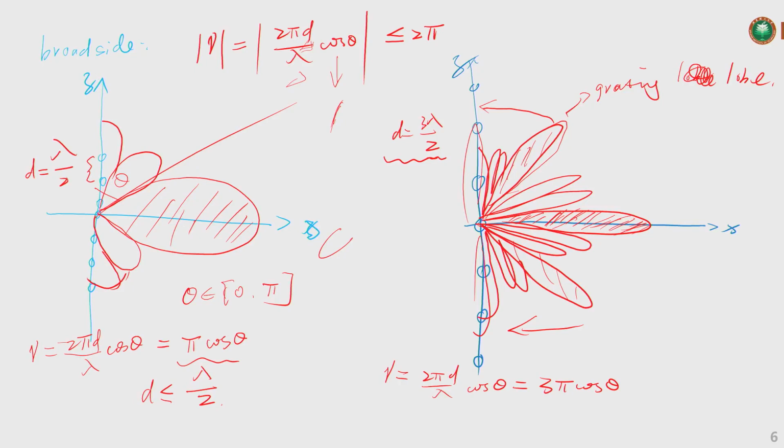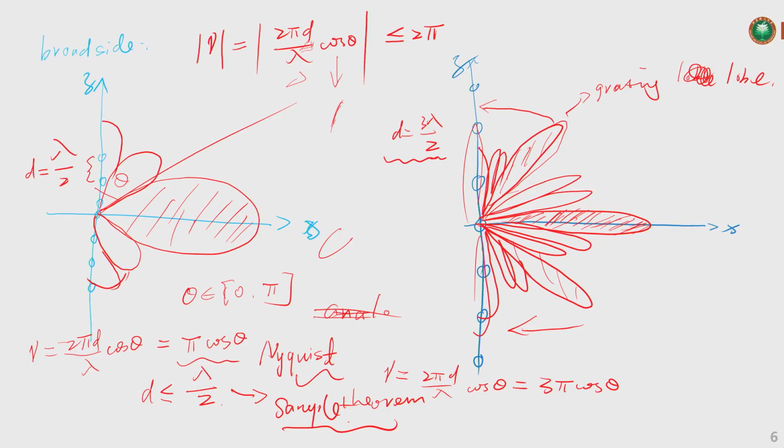And this is also related to a theory. What theory? Do you know? Nyquist sampling theory. Analogous to this one, right? To this part.